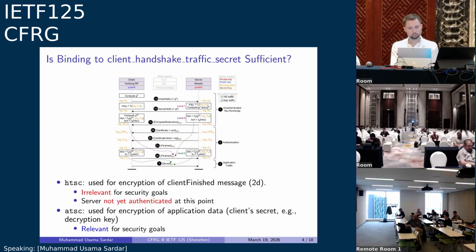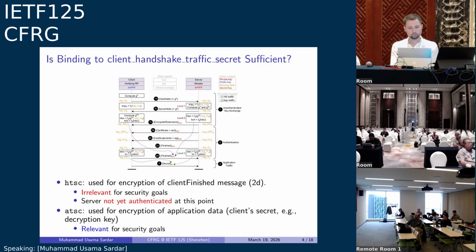Anyway, regarding level 2, there are two specific reasons why we think about this question of whether binding to the client handshake traffic secret is sufficient or not. The first one is that the handshake traffic secret is actually meant to encrypt the handshake messages, and it's irrelevant for the security goals.